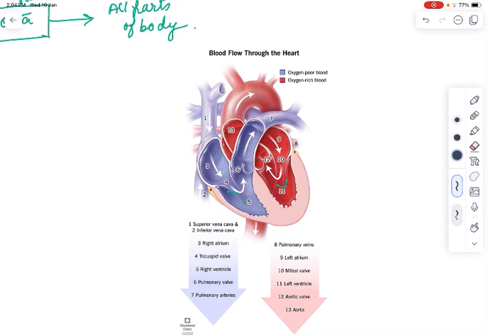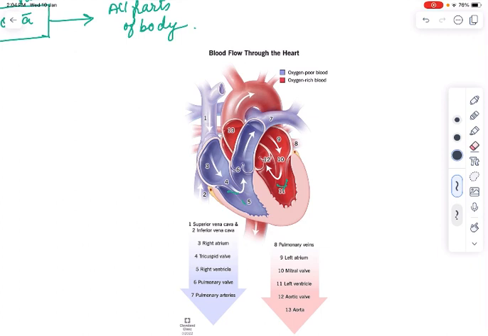So what happens when the ventricular systole occurs? Ventricular systole means the ventricles contract and the blood will flow to the pulmonary artery and the aorta.